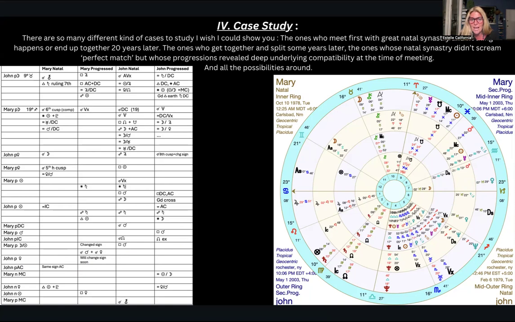So I met him at the time he was perfectly matching my natal need, if I can say it this way. That happens a lot when you look at them. So look at John's ascendant is Cancer, like Marissa's natal ascendant. So they have a lot to get along together.